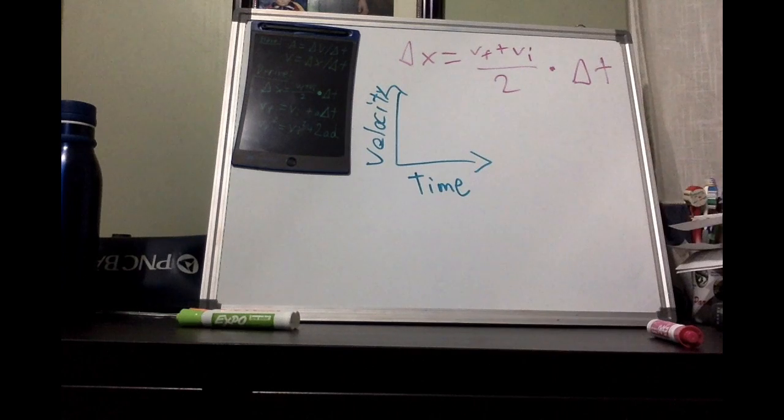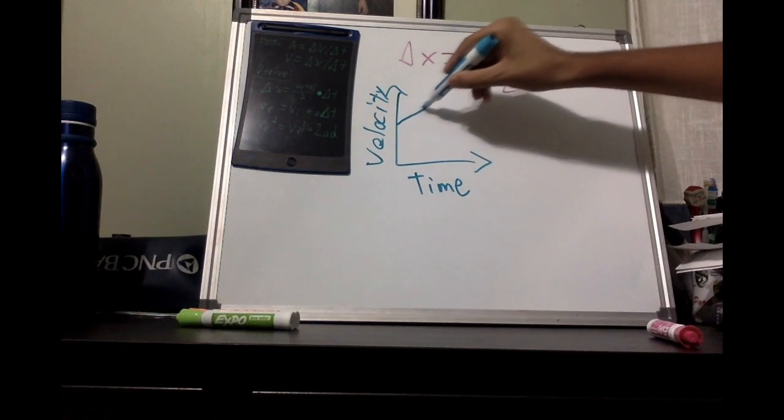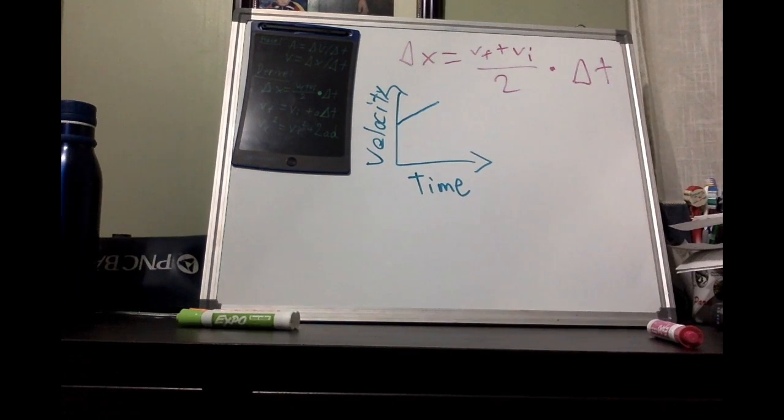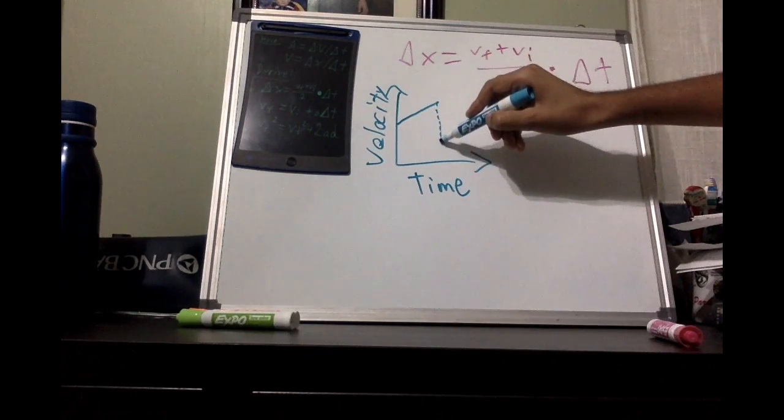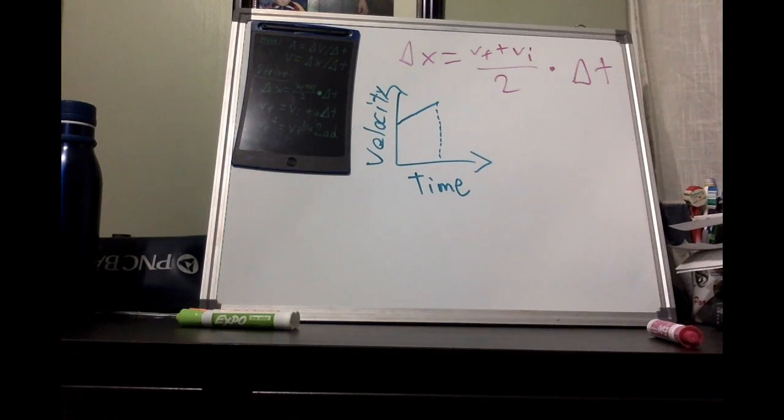This graph, just like this equation, assumes acceleration to be constant. So our velocity is going to be increasing constantly, like that. This area right here is our displacement. So put that x there.